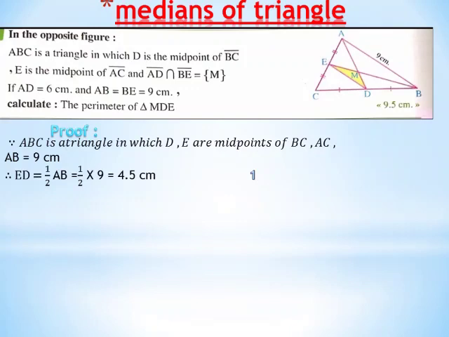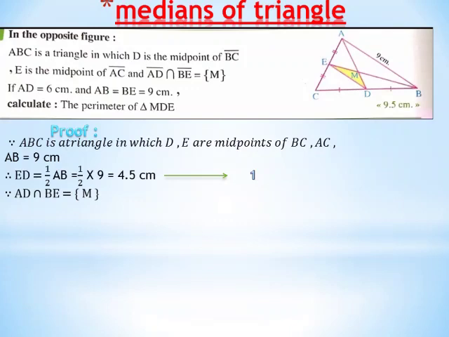We said yesterday, if I have two midpoints and a line joining them, this line equals half the length of the opposite side. This is number 1. To get the perimeter, we need the lengths of ED, EM and MD.